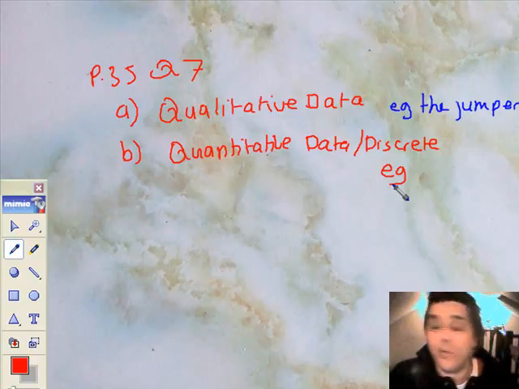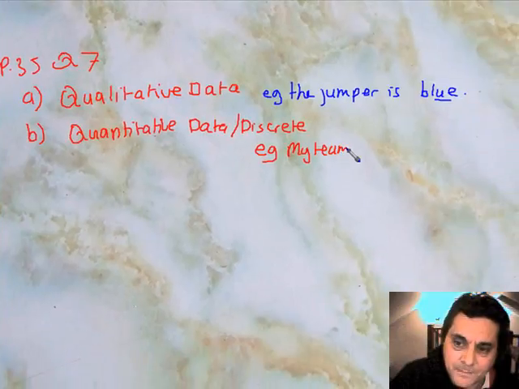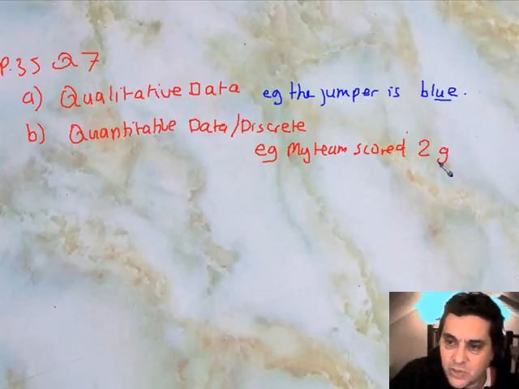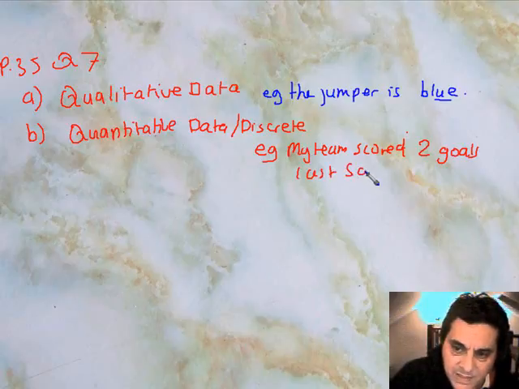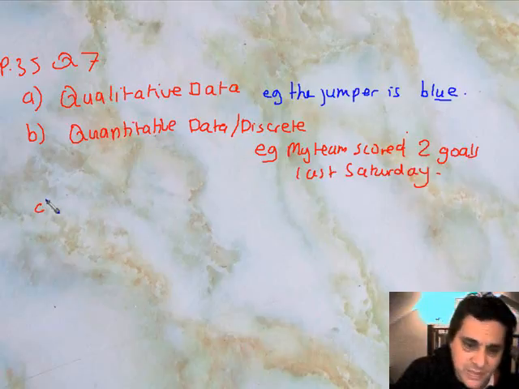We can't say we nearly got 3 goals, because we can't get 2.6 goals. It's got to be a whole number. So, my team scored 2 goals last Saturday. That's both quantitative and discrete.